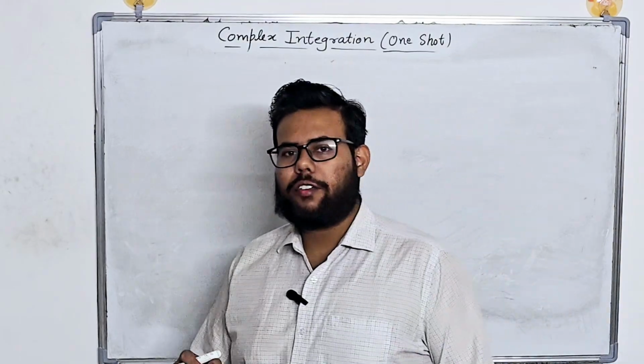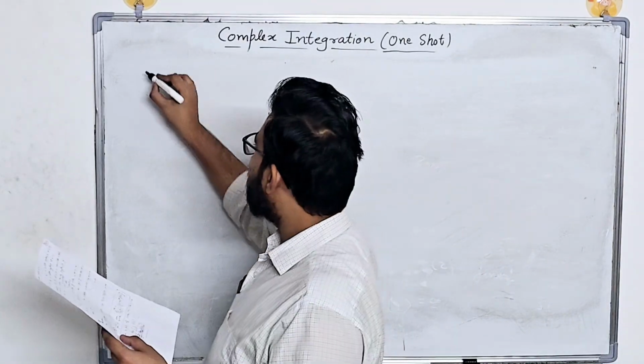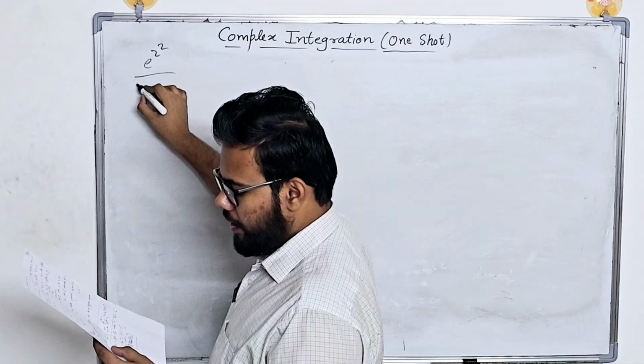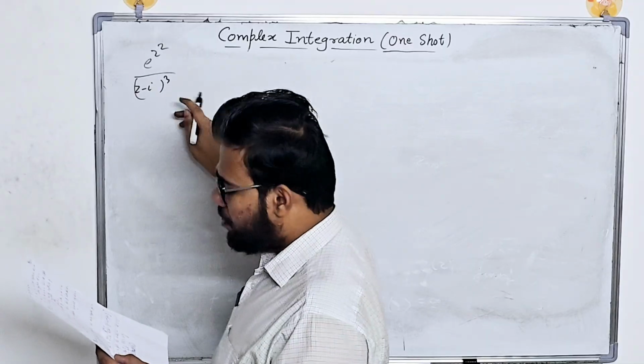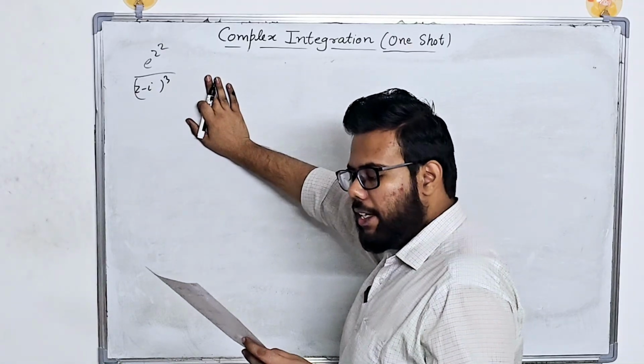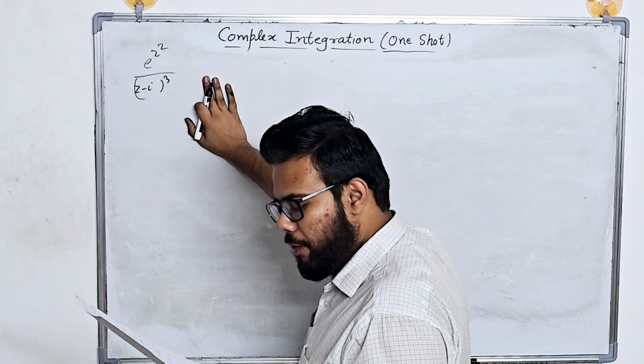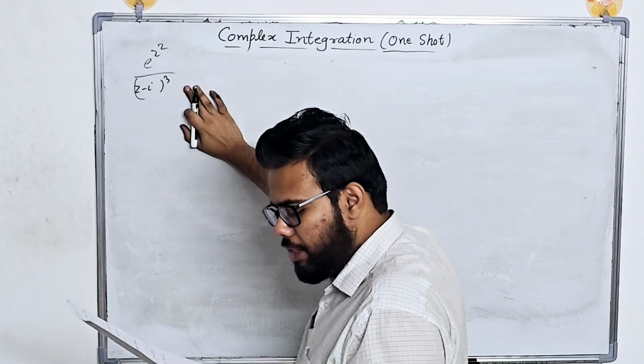Now let's study something called residue, right? So let's start with the question itself: e to the power z square divided by (z minus iota) cube. So we will solve this question. We have to find the singularity and the residue at those singular points of this function.